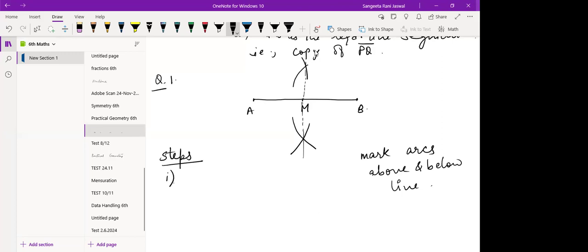Then put a comma and write, so that the arcs cut each other. The two arcs cut each other.